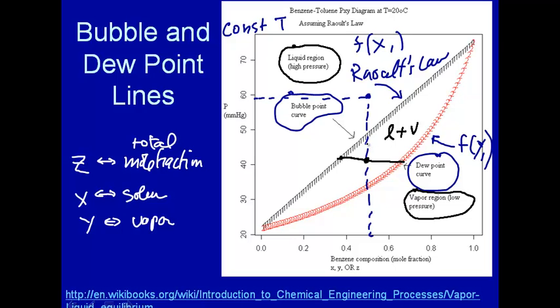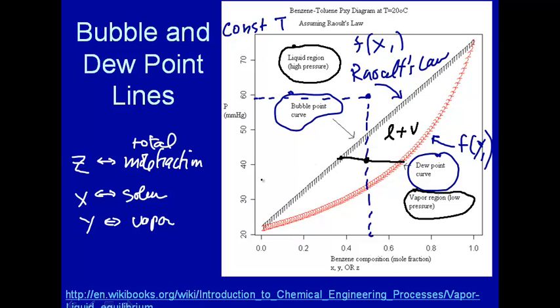And then as you go here, you have liquid plus vapor. When you go further up, you're starting to go from all liquid to vapor. You get bubbles. Maybe you think of this like boiling. Okay, so that's what the bubble point line is, what the dew point line is, and the different phases.